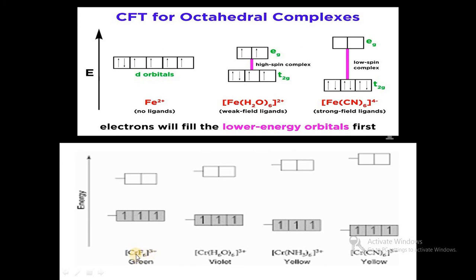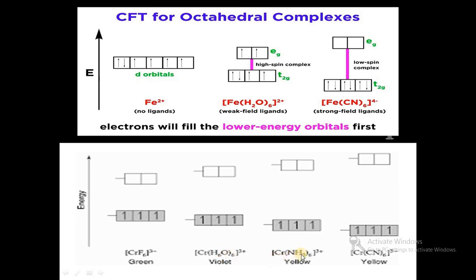[CrF6]3-. In the chromium 3+ state there are 3 electrons, but fluorine is a weak field ligand, so there is a small energy gap between T2g and Eg, and these 3 electrons are present in the T2g level. When the strength of the ligand increases, as in [Cr(H2O)6]3+, then due to the increased ligand strength there is a larger energy gap between T2g and Eg, as shown in this diagram.